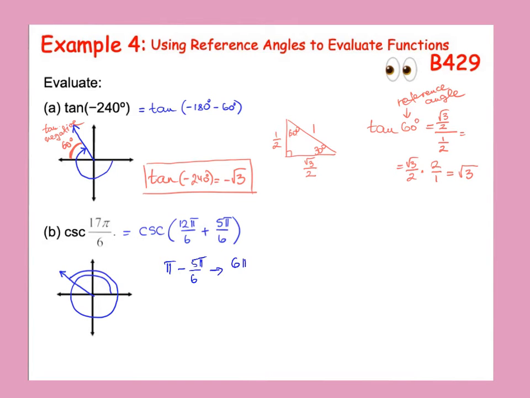So 6 pi over 6 minus 5 pi over 6 is going to give me a reference angle. Theta prime is 1 pi over 6, or just pi over 6. So again, pi over 6, if I convert that into angle measure, 180 divided by 6 is 30 degrees.